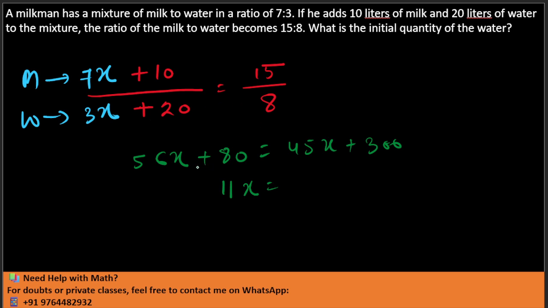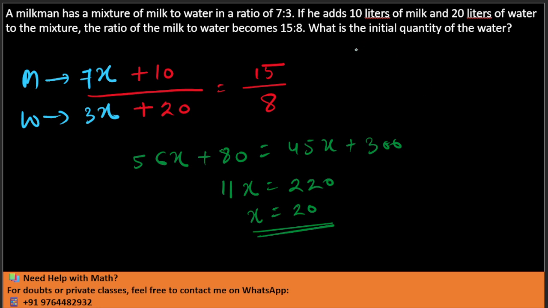So we have 56 minus 45, 11, and 300 minus 80, it will be 220. Okay, all right, then x is equal to 20. Yes, so we got the value of x, that is 20.